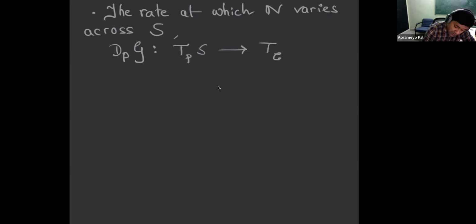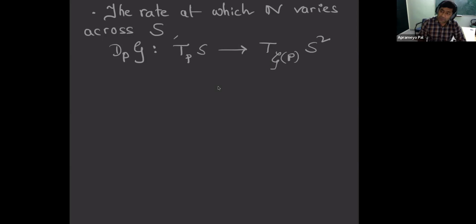So from T_P S to T_{G(P)} S2. Right? So for P, you go to G(P), and then G(P) is an element in S2, and at that element you consider the tangent plane.